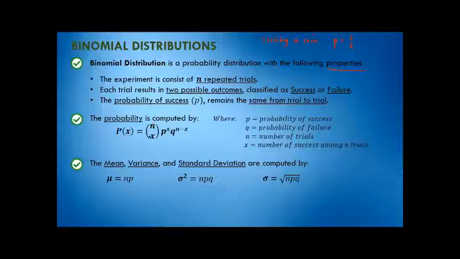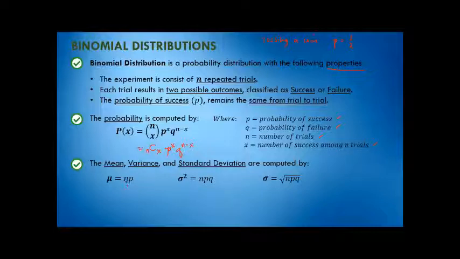Okay, so ang ibig sabihin itong denotation na to is combination of n taken x at a time, multiplied by p raised to x, then q raised to n minus x. So we all know p is the probability of success, q is the probability of failure, n is the number of trials, then x is the number of success among the trials.